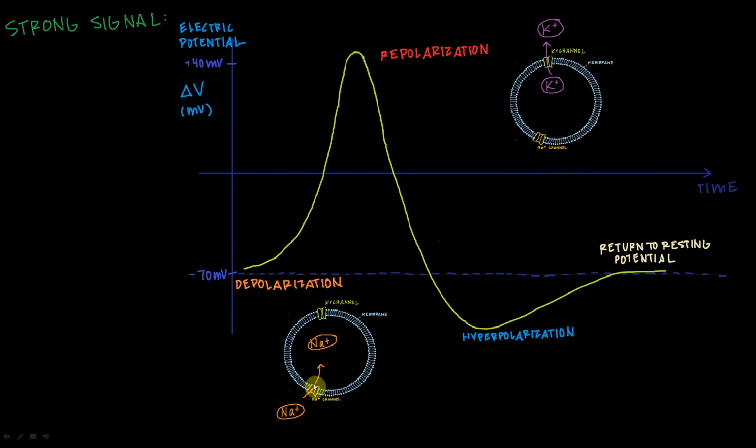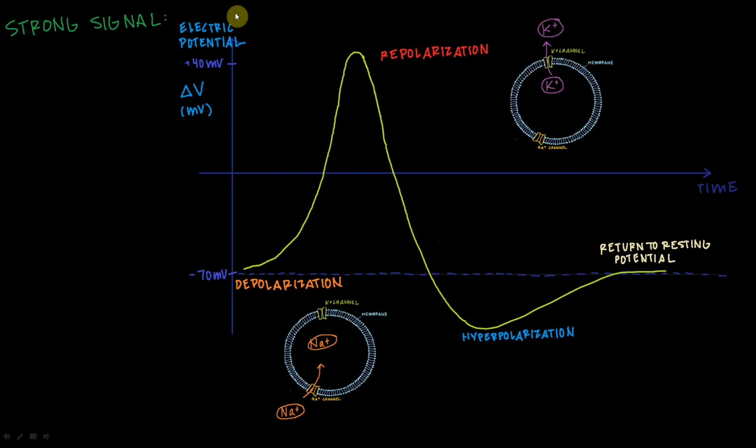Depolarization is simply that phenomenon that we just talked about, where sodium flows from the outside to the inside of an axon. So when depolarization occurs, it causes a large change in electric potential because the positive charges are moving from the outside to the inside. And this is what is represented by this graph.